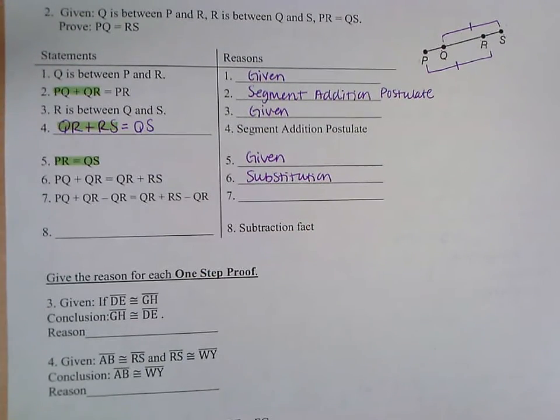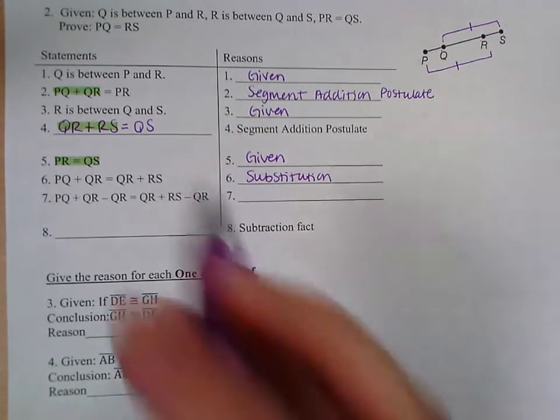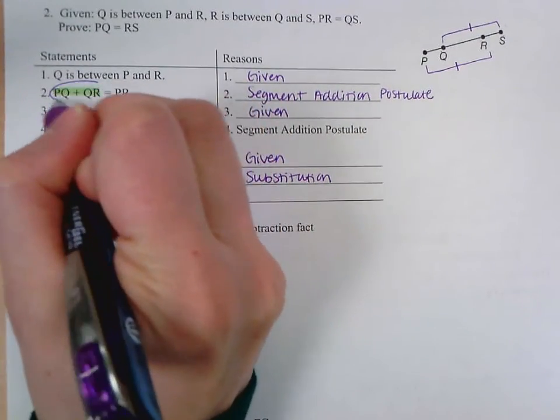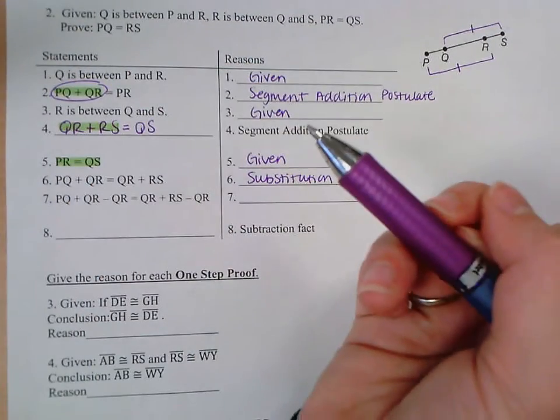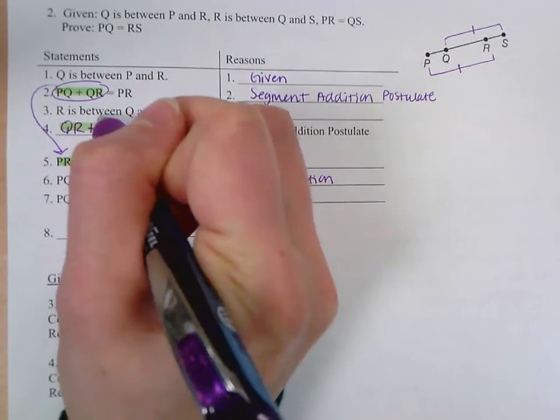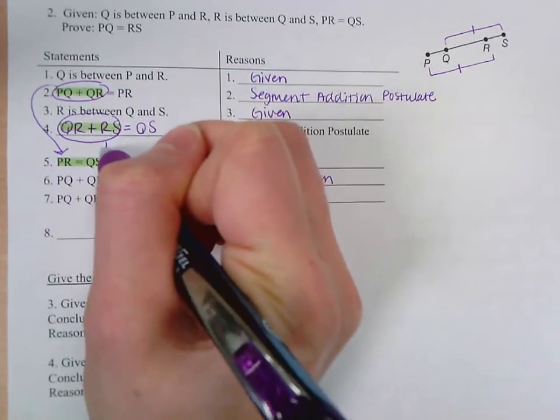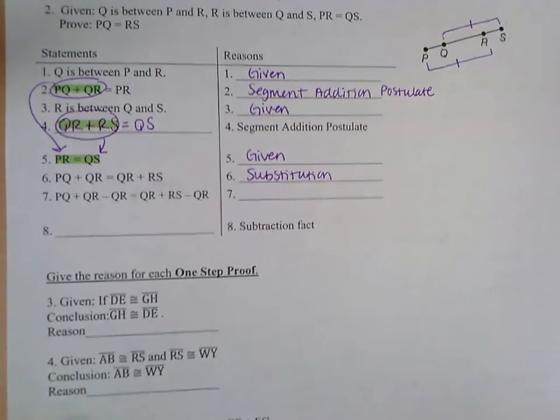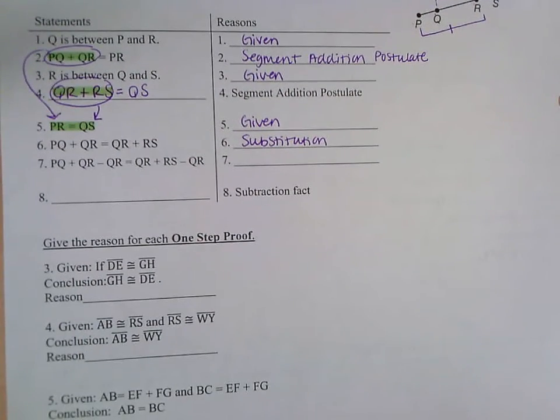Substitution is used quite a bit. So if you even wanted to draw arrows so you know things to look for, substitution is always something to look for. This one in place of PR, this one in place of QS. Okay, so then in line 7, they have PQ plus QR minus QR equals QR plus RS minus QR.